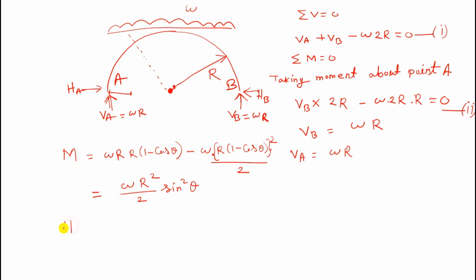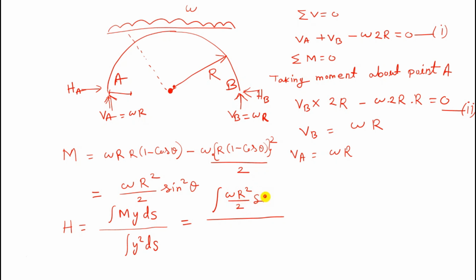Now horizontal thrust H equals, we know the formula, integration My ds by integration y square ds. So integration W r square by 2 sin square theta into y, and y means r sin theta. This is the y.